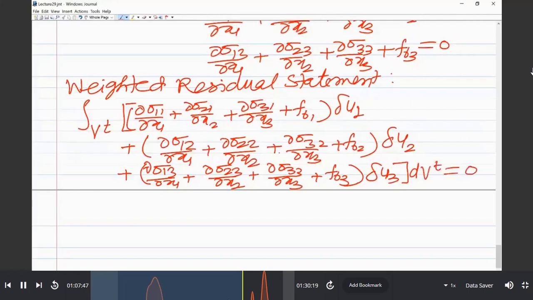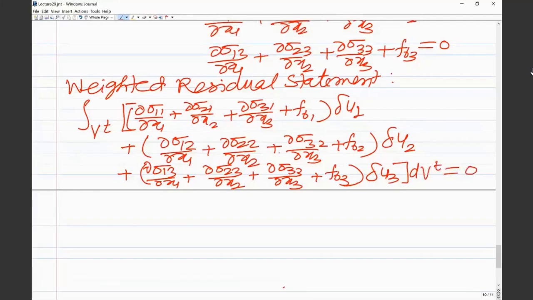So this is what you get as the weighted residual statement, and this is written in the current configuration, and in the current configuration we are writing this equilibrium equation in terms of Cauchy stress. So that is logical.